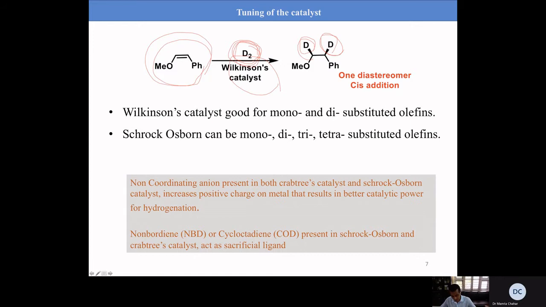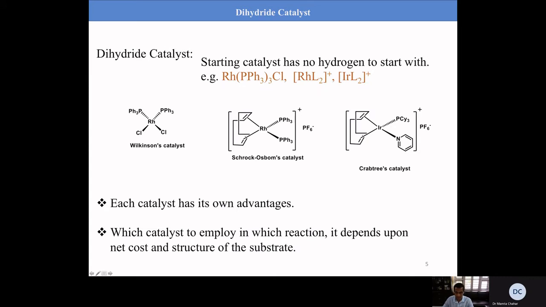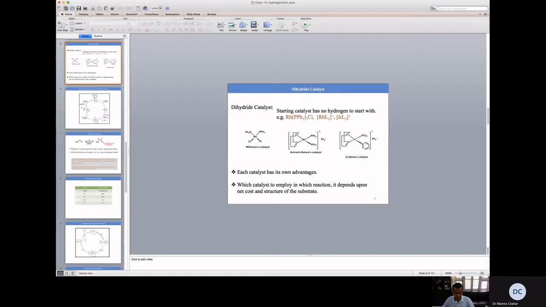Two slides back, we briefly showed you the Crabtree catalyst and Strock-Osborne catalyst. We can go back again here. See, this is the Strock-Osborne catalyst, which is rhodium-based. Crabtree catalyst is iridium-based, with PCy3 and pyridine as ligands, and here PPh3 and PPh3 as ligands. And nonetheless, in both of these cases we have a 1+ complex, right?